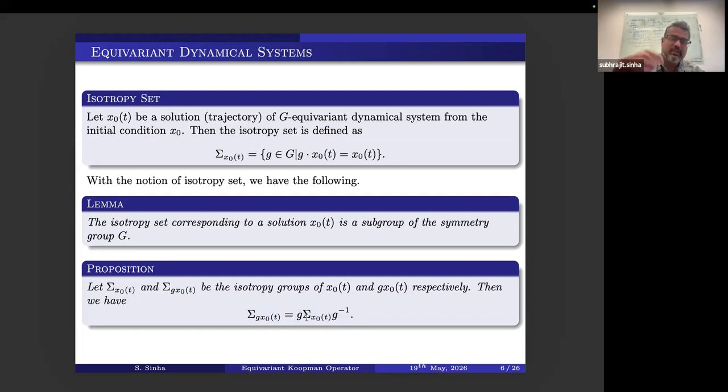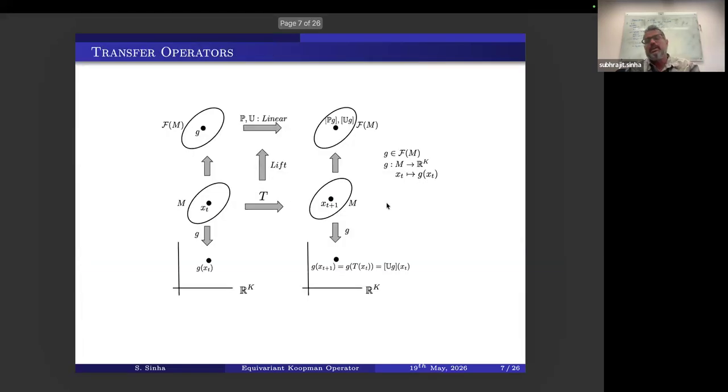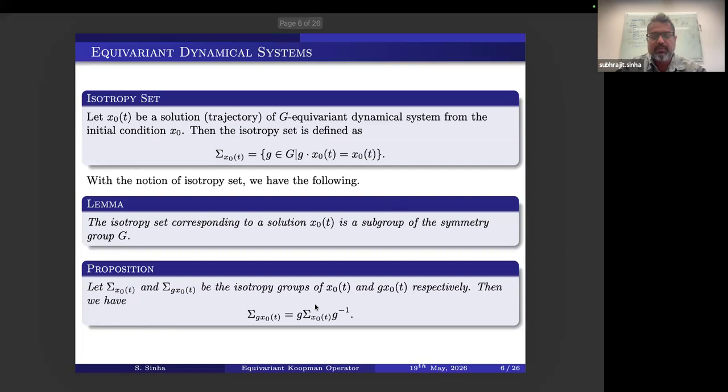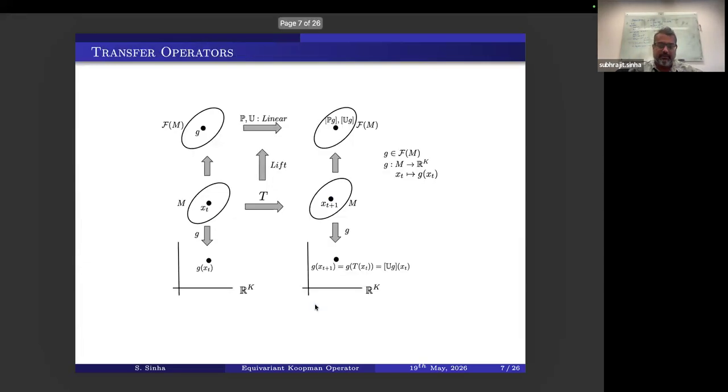This is one of the important results which will come up later, and from here you can probably guess why this similarity transformation comes in. Once you have this action, this conjugation relation holds true throughout. So this gives an intuition that these Koopman operators may be related by a similarity transform.